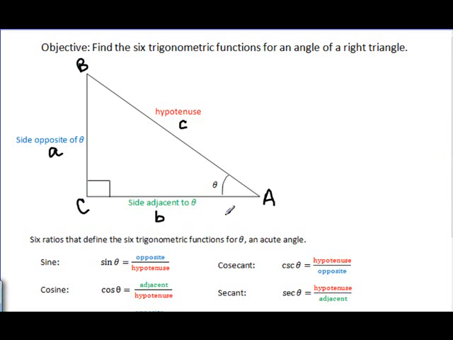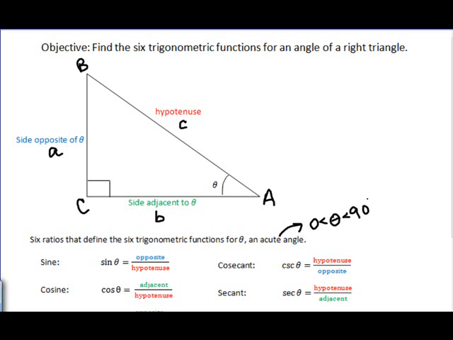Now, we can make up 6 ratios using the sides of the triangle in relationship to this angle theta. And those 6 ratios are called 6 trig functions for theta. And one minor note to make here is that theta is always going to be an acute angle. Acute angle means that theta has to be between 0 and 90 degrees.